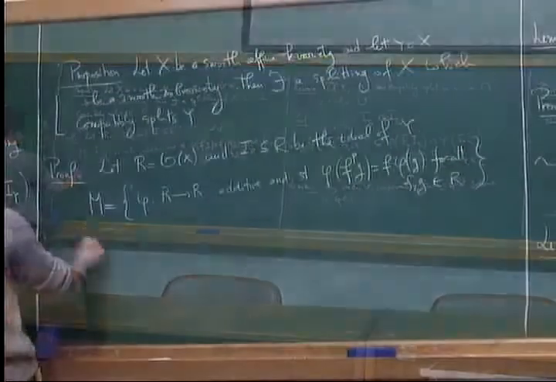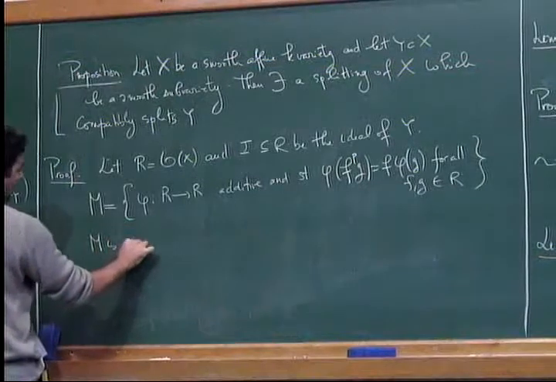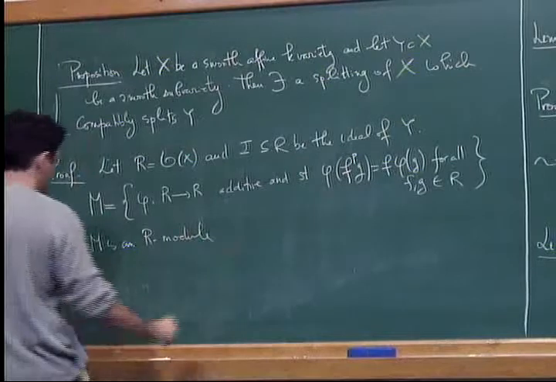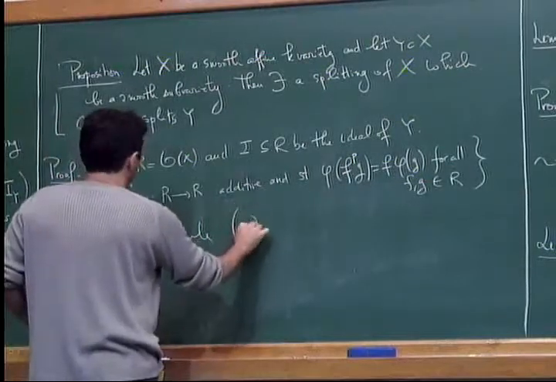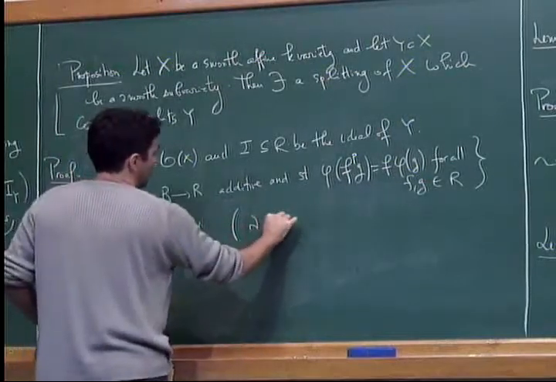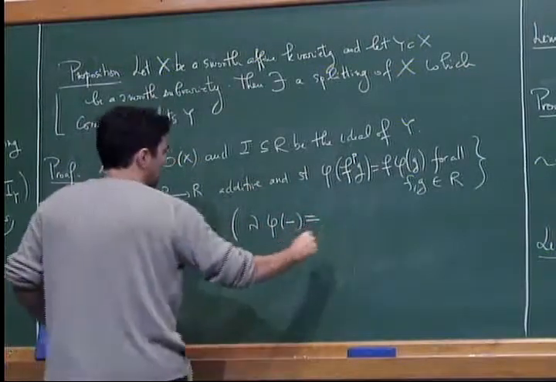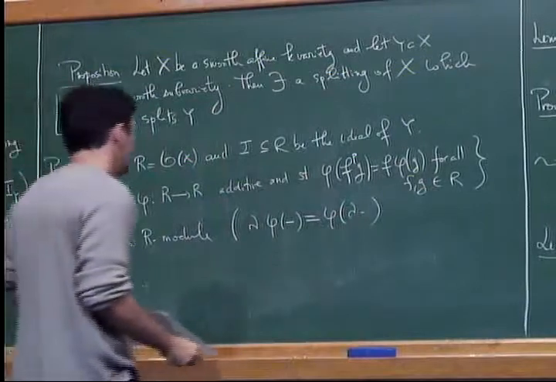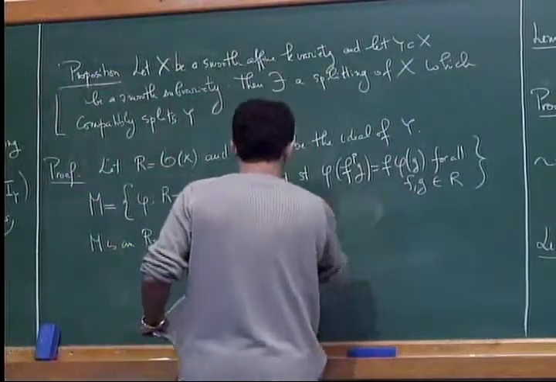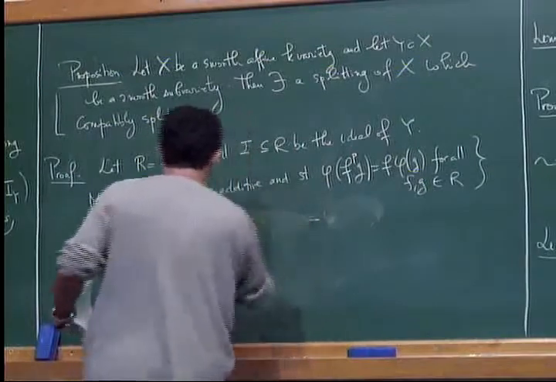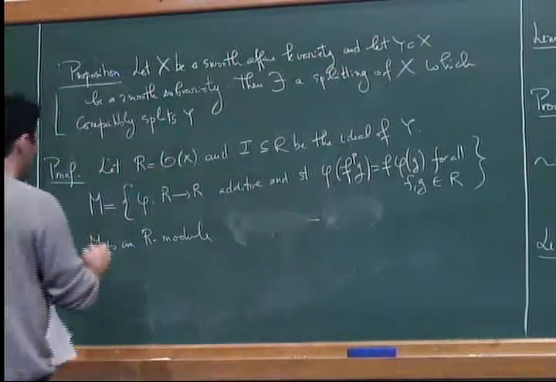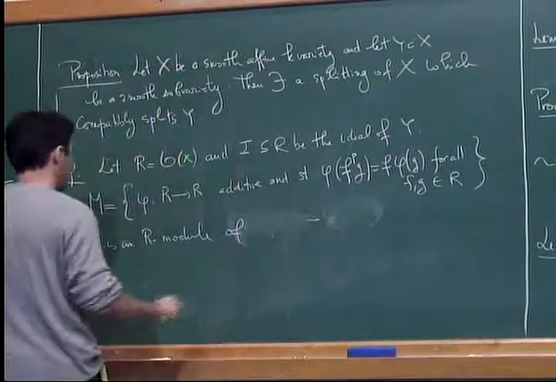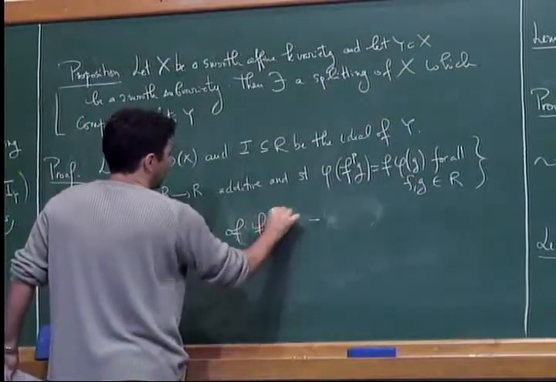So now M is an R-module. The structure is given by, if you have lambda times phi of something, it's just the multiplication. There's nothing to say. And the point is that this is an R-module of finite type.